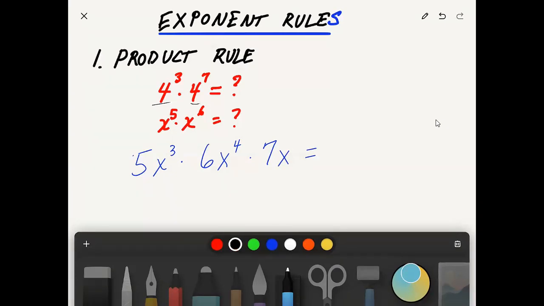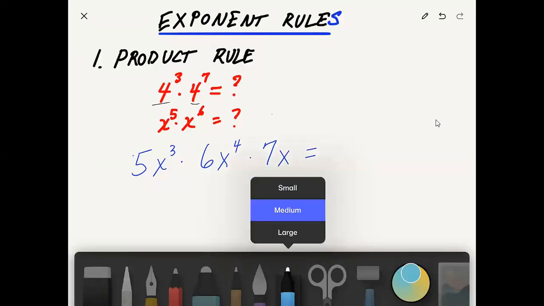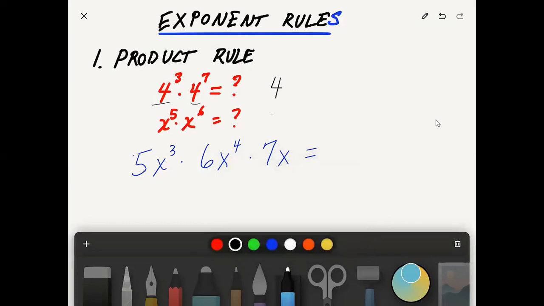Now, we're multiplying, but that doesn't mean you multiply the base and then add the exponents. That is not the right thing to do. What we want to do is keep the same base. So this is going to be 4, and then we add the exponents. So 3 plus 7 is 10. So it's going to be 4 to the 10th power. That is it. That's the product rule.